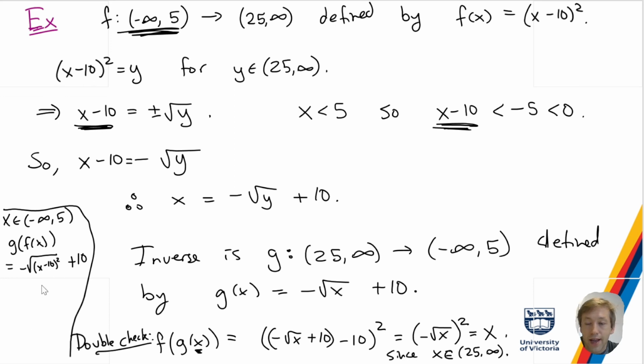Now x is a negative number, so if I square x minus 10, that's going to give me a positive number, but when I square root it, I should have negative (x minus 10), plus 10, which is x minus 10 plus 10, which is x.